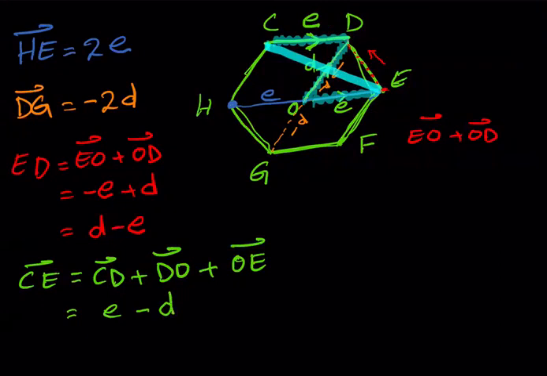Then plus OE, the same direction as OE, which is plus E. So this is going to be 2E minus D. And that's it for this one.